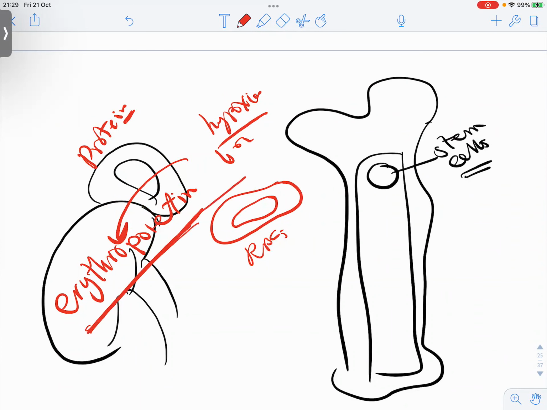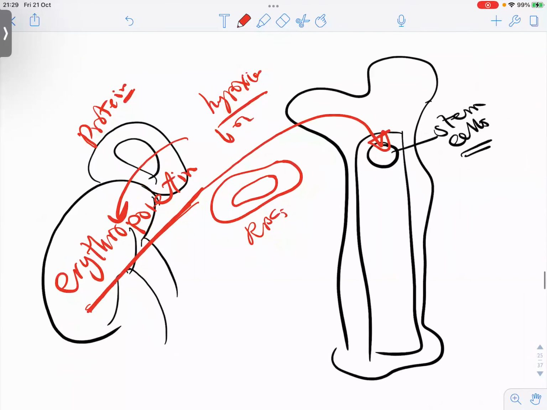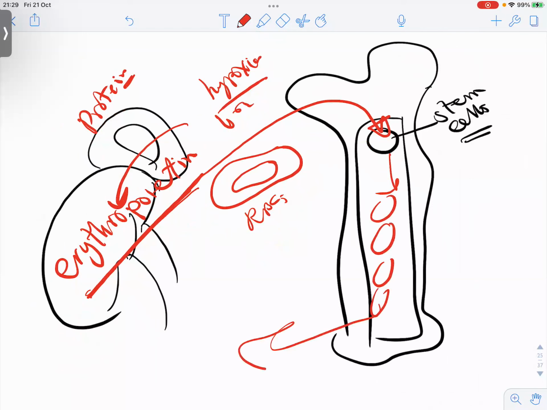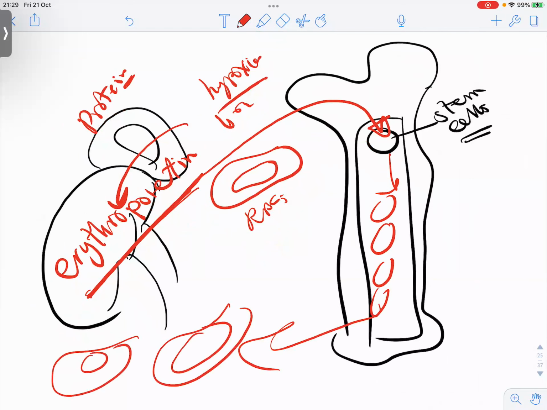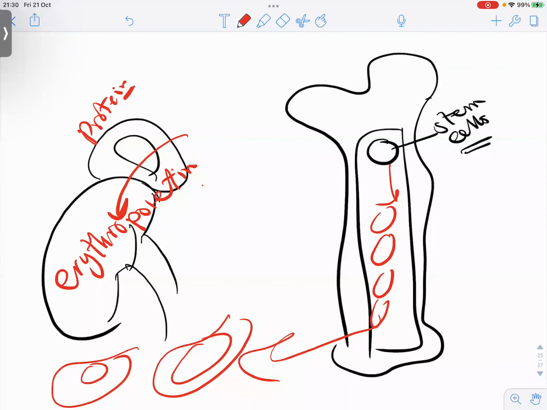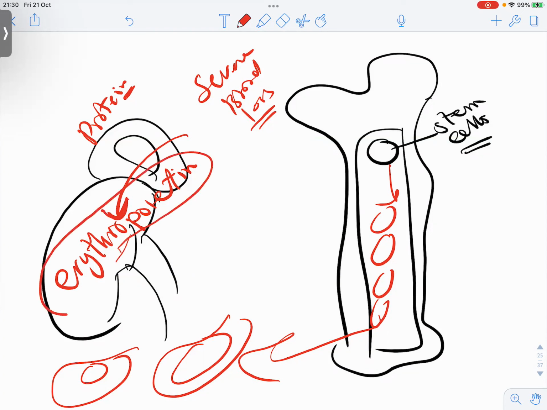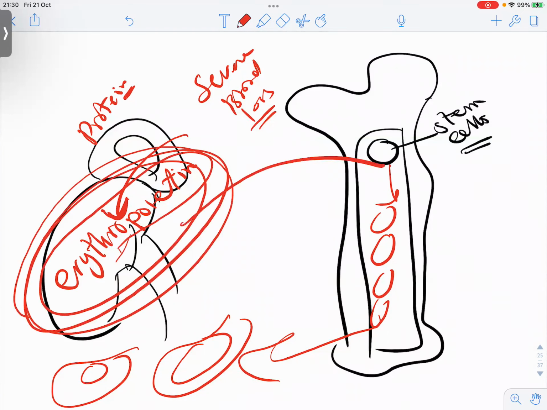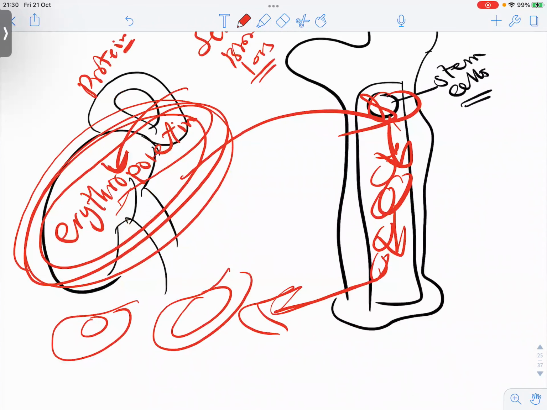Erythropoietin will stimulate the stem cells inside the bone marrow to form a lot of red blood cells. So if you get an accident and severe blood loss, of course you don't have enough red blood cells to carry the oxygen, so you will get severe hypoxia. The kidney will produce a lot of erythropoietin, which goes to the bone marrow and stimulates it to secrete a lot of red blood cells.